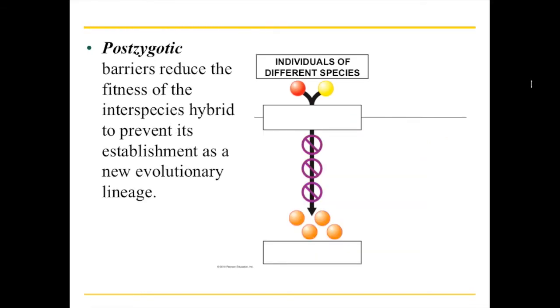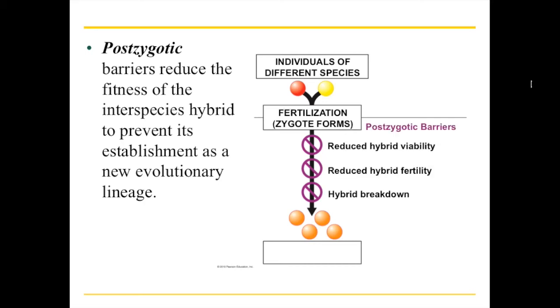Well, let's say that given the same species as before, we now look at gamete formation and zygote formation. So the gametes work together, the egg and the sperm, they meet up and they fuse. So now you have a zygote that's produced. And if fertilization happens, then there are still some barriers that might prevent the species from producing a viable hybrid.